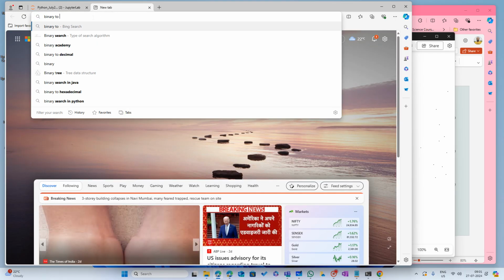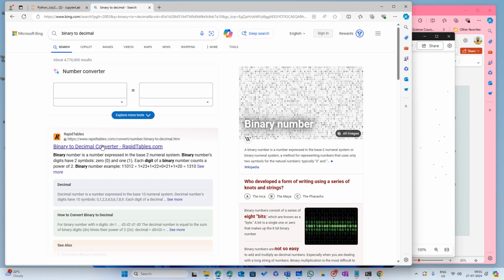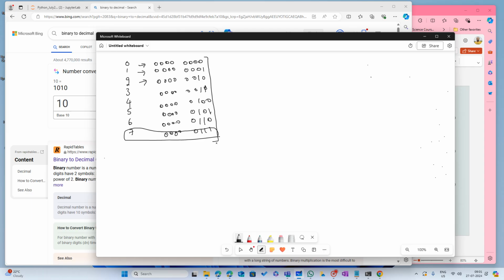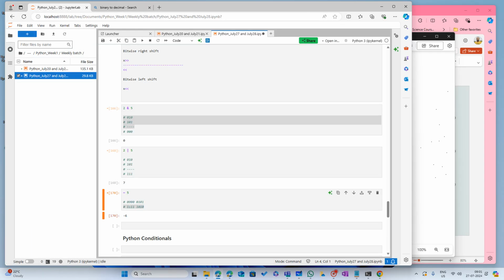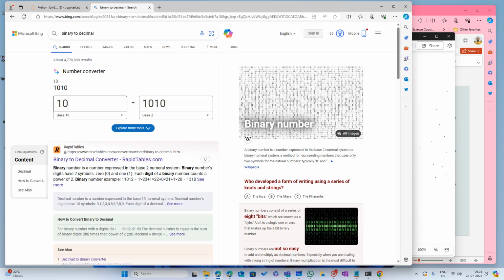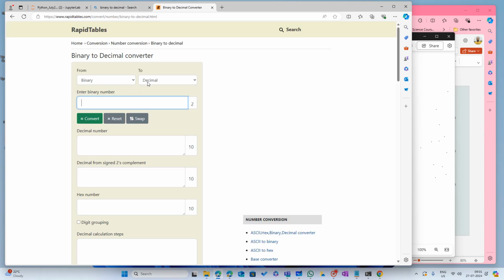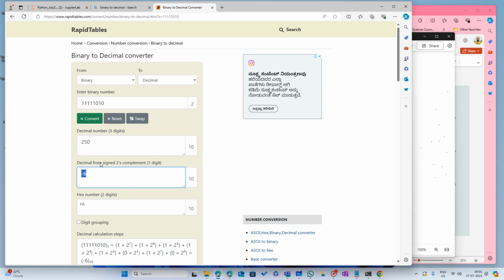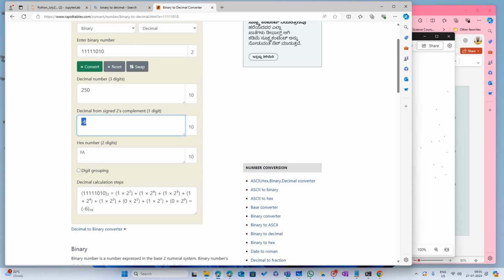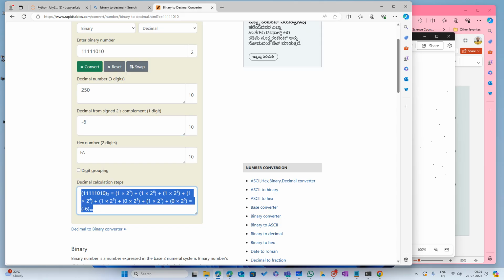If you take some online help for binary to decimal, because conversion for us will be difficult, take this value and convert the binary number. See what you get in decimal form. In decimal form you get minus 6. So the way you get minus 6 is also calculated here.